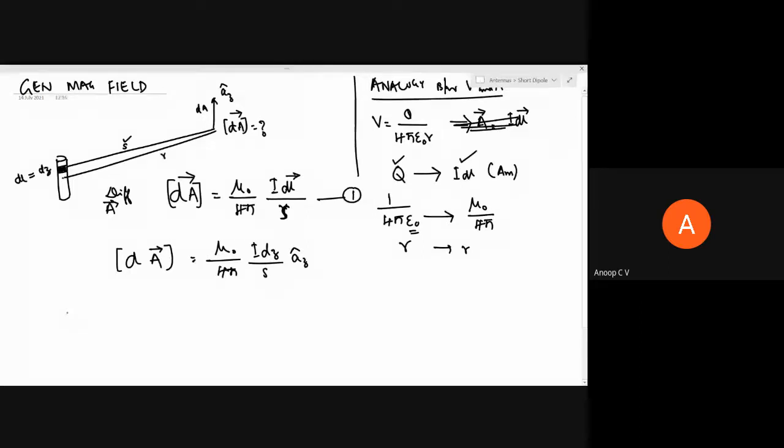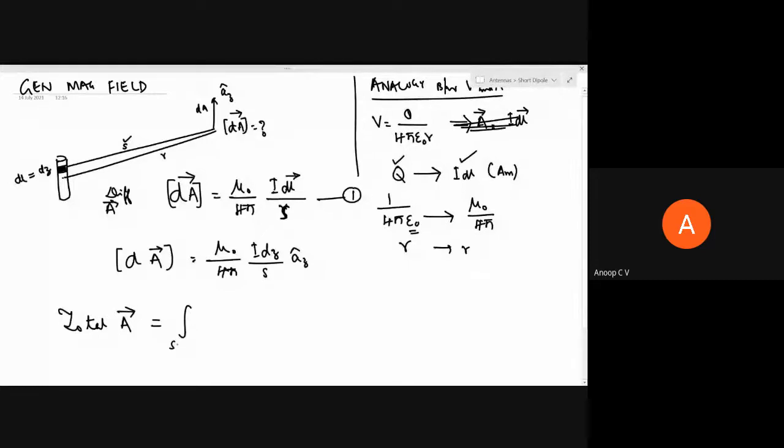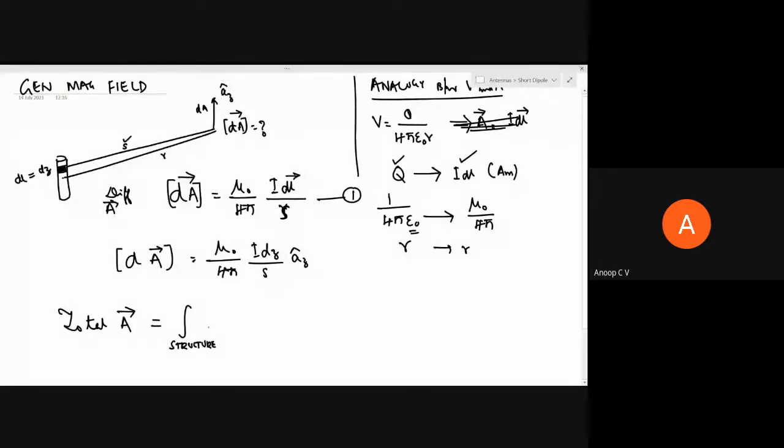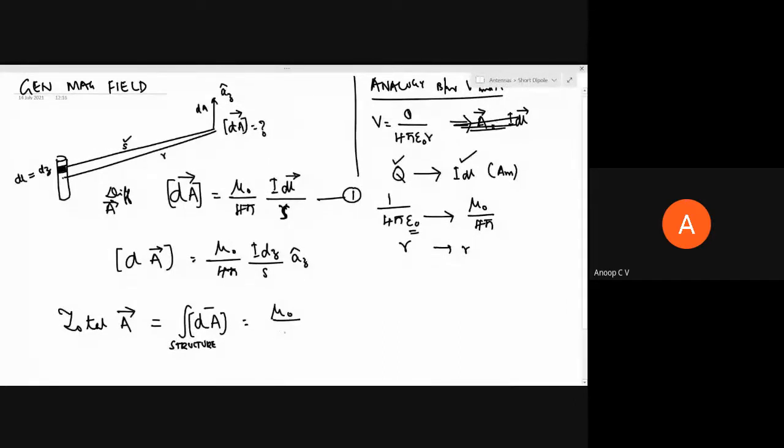So the total vector magnetic potential, total A, will be equal to the integral over the structure of dA. The direction is going to be along az cap only. So that will be equal to mu naught by 4 pi.